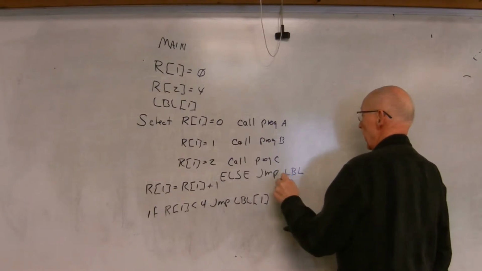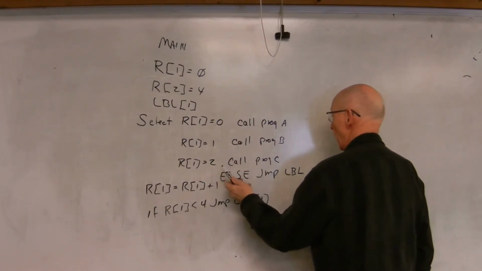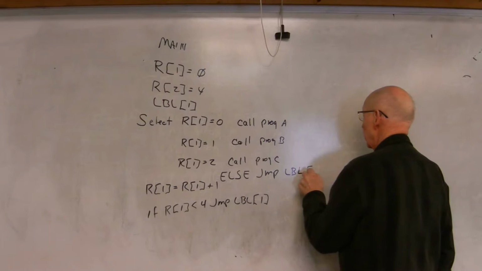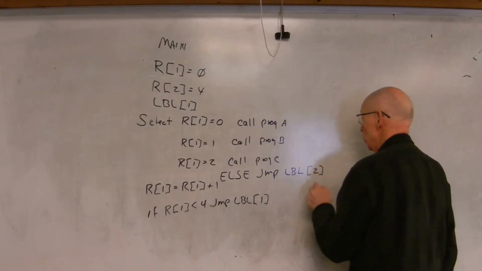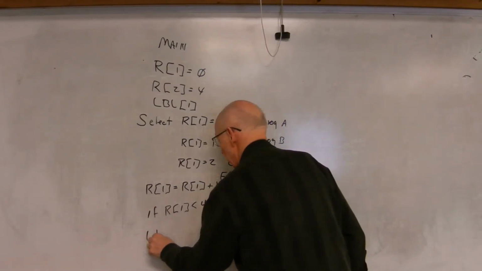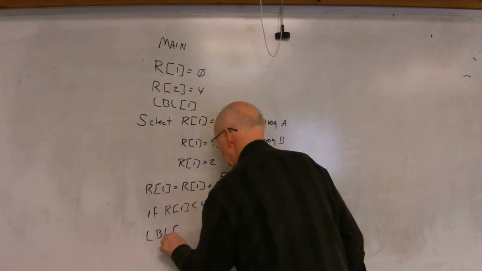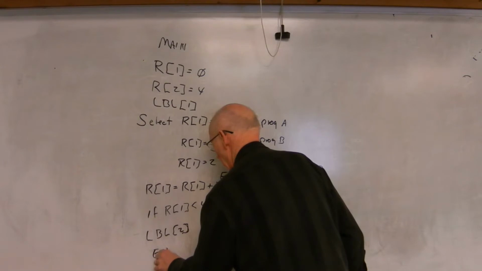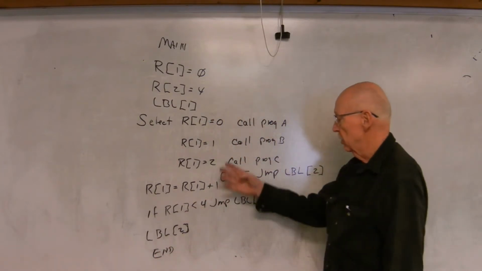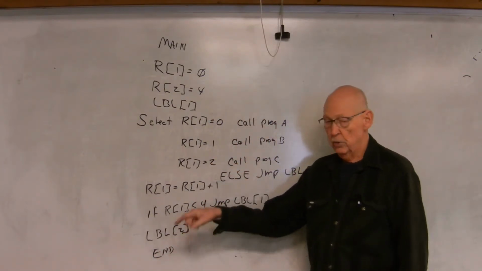And if it fails, then we're going to jump, let's call it label 2. We'll put label 2 down here. So if it fails, then it comes down to label 2 and ends the program.